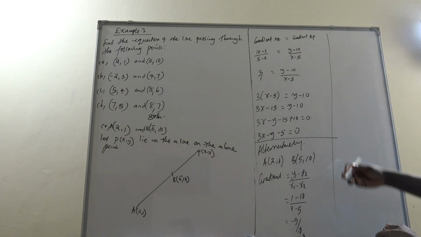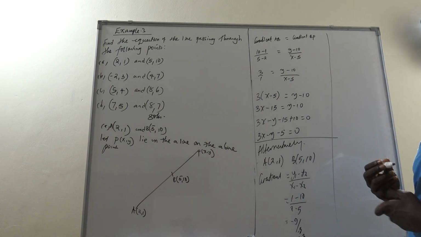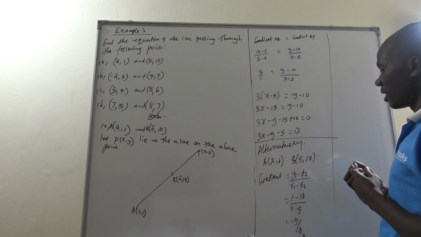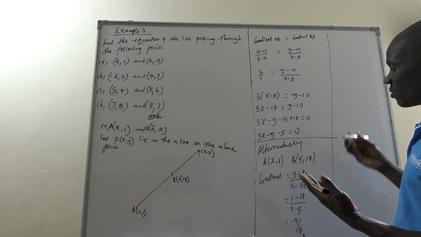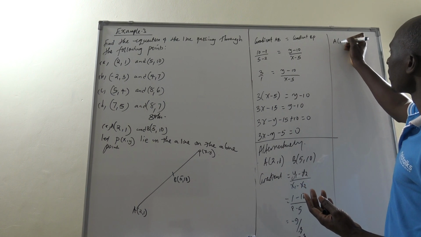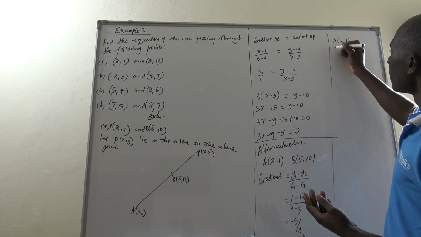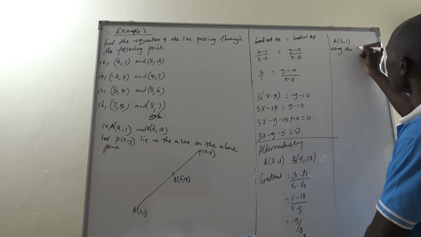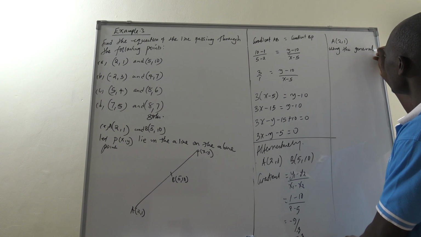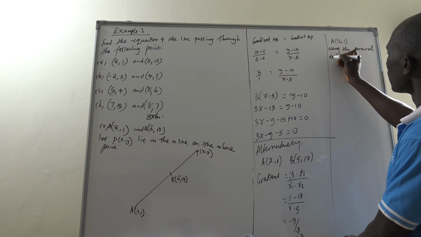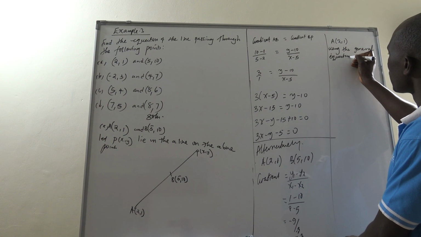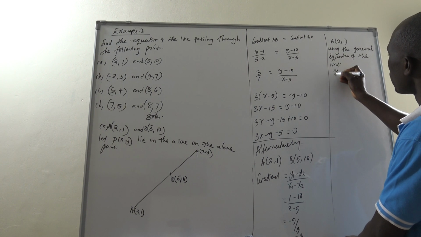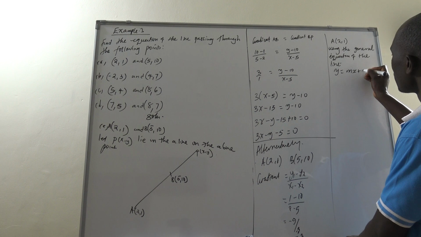So you can even choose one point which you feel like you want to use. Any of these 2 points, choose the one which you like. I can choose point A, (2, 1). And using the general equation of the line, y equals mx plus c.